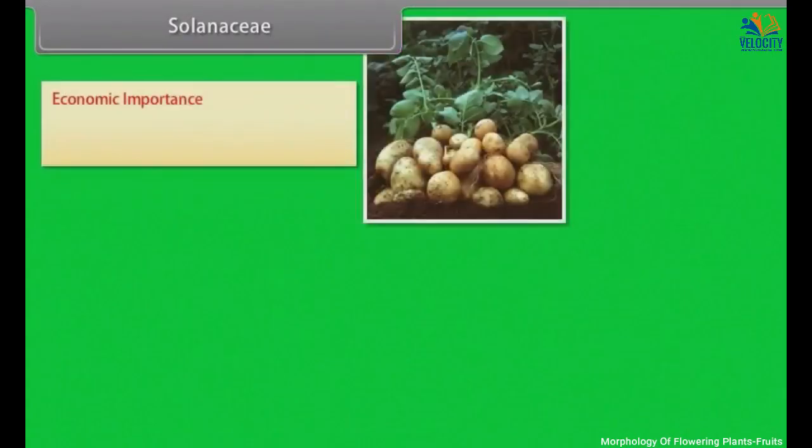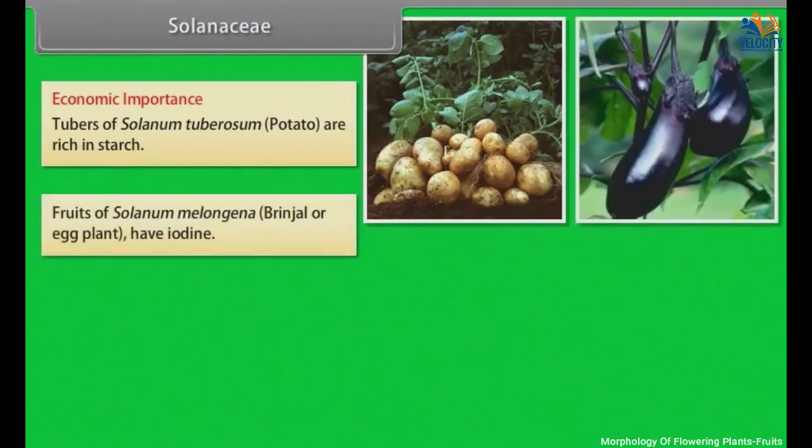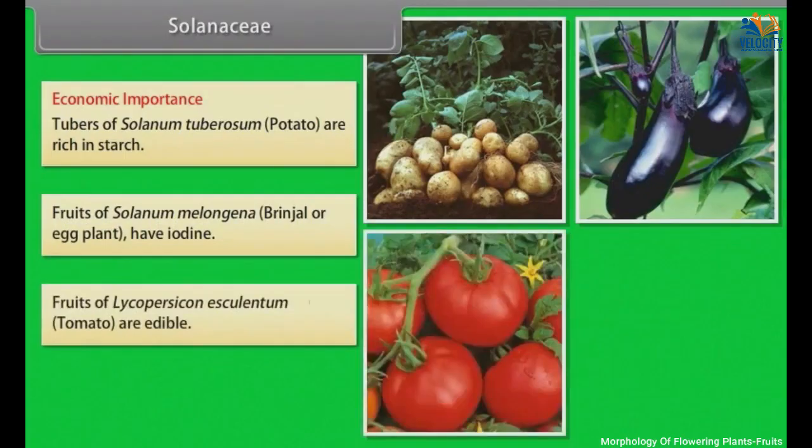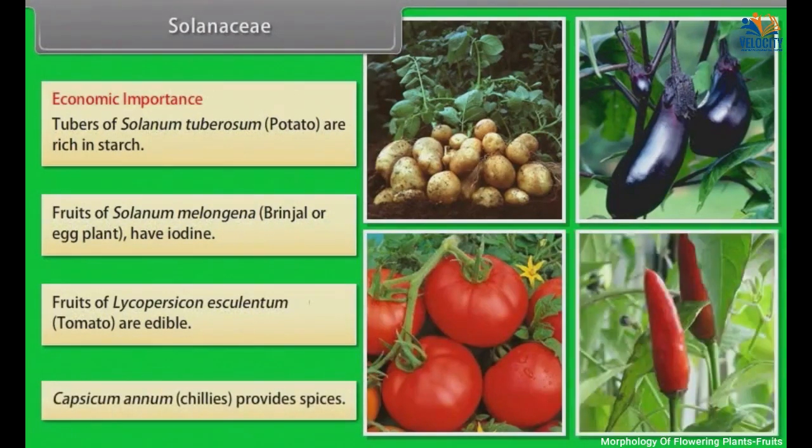Economic importance. Tubers of Solanum tuberosum, potato, are rich in starch. Fruits of Solanum melongena, brinjal or eggplant, have iodine. Fruits of Lycopersicon esculentum, tomato, are edible. Capsicum annuum, chilies, provide spices.